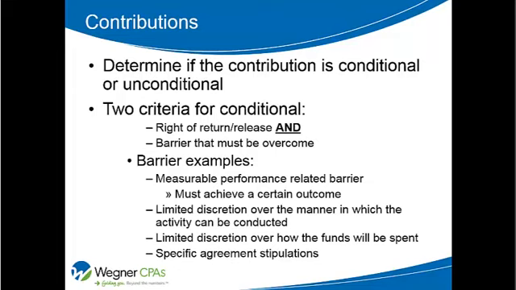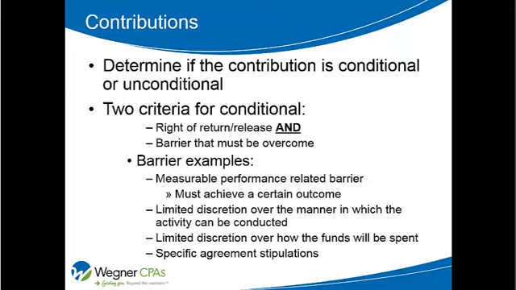If there's something in the contract that says, if you have not broken ground by June 30th, 2019, I am not required to pay my pledge, that's a release of the obligation. So the money hasn't been paid yet, so you don't have to pay it back, but I am being released from my obligation.